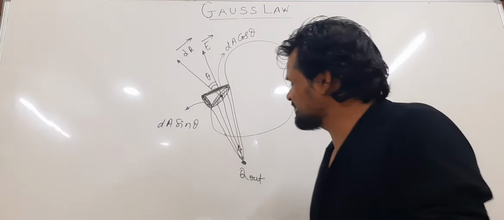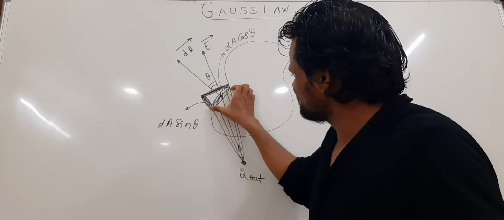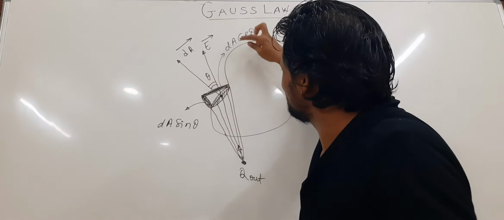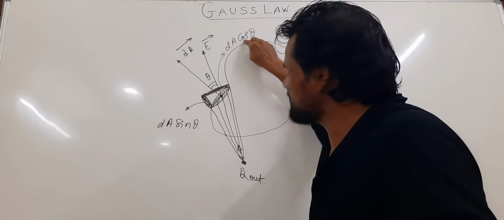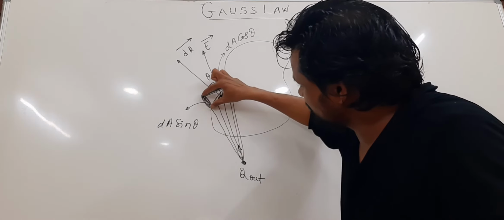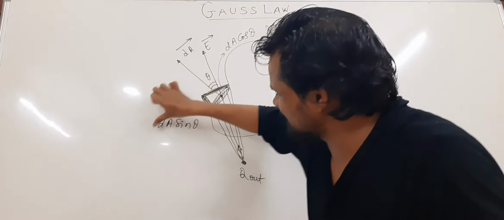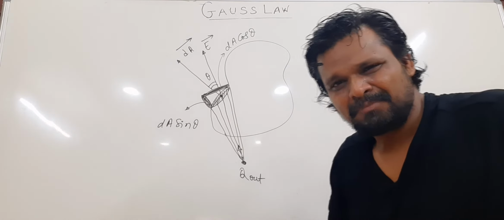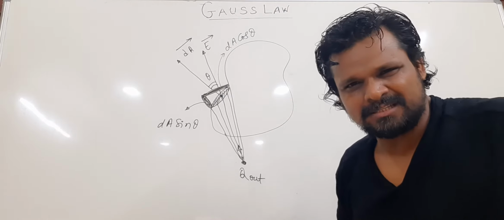Now please see, this area has two components: along the electric field, of magnitude dA cos theta, and perpendicular to the electric field, in this direction, area dA sin theta. Now please tell, who contributes flux?